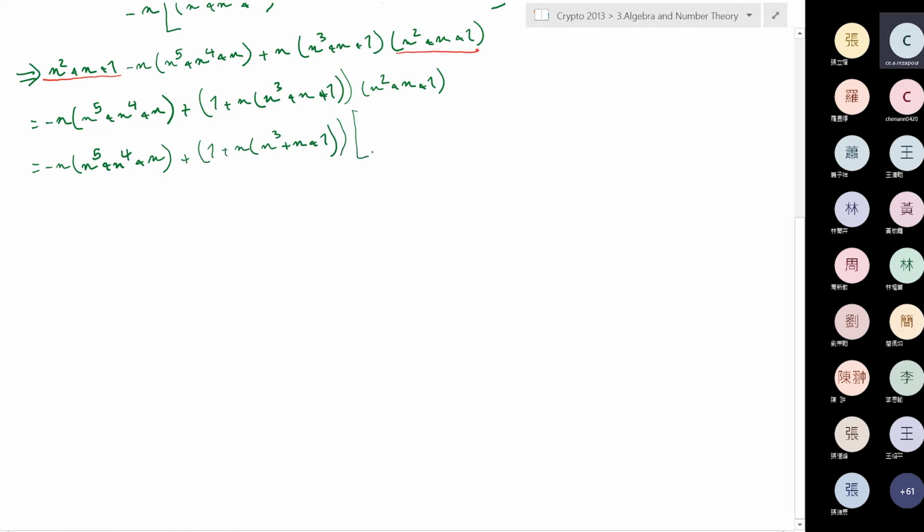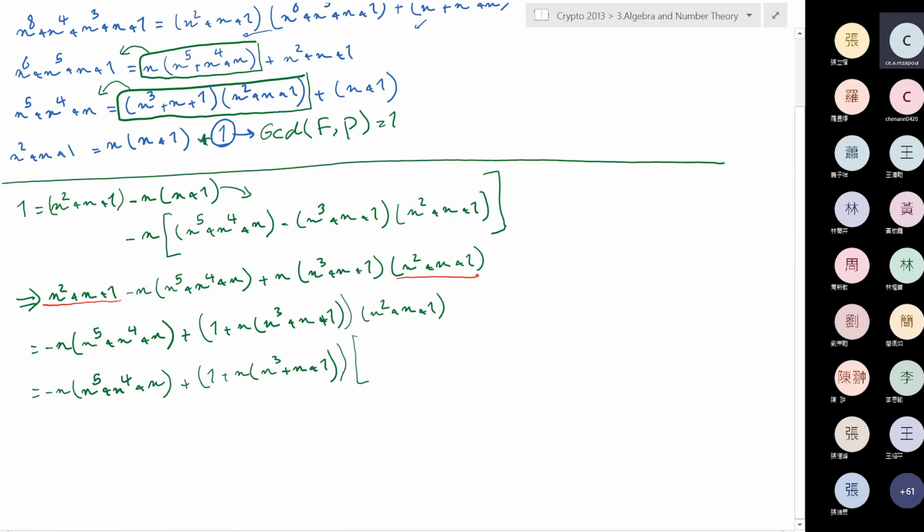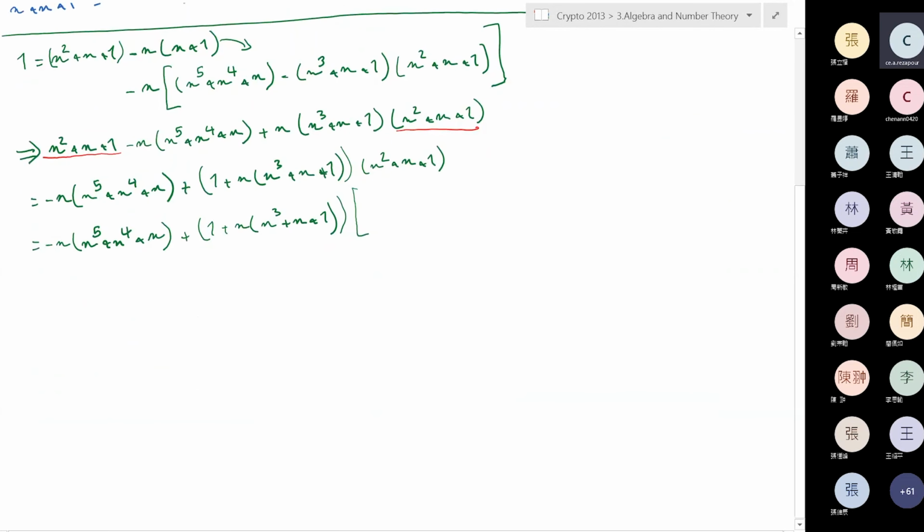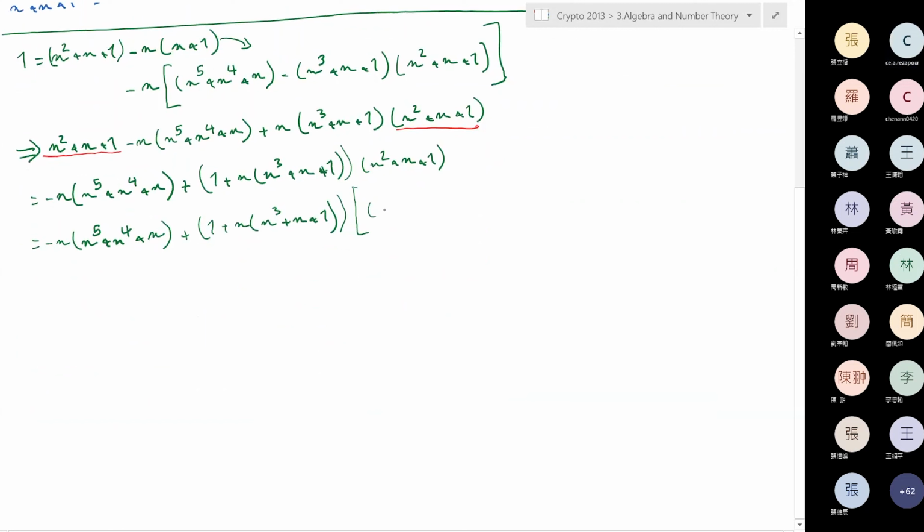And then I can rewrite this x2 plus x plus 1 as this term minus this whole term over here. So I can say that x6 plus x5 plus x plus 1 minus x times x5 plus x4 plus x. Sorry that my x is not looking anymore like x. I'm just trying to write it faster.